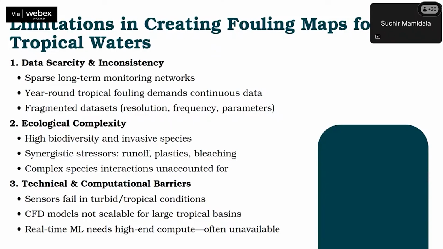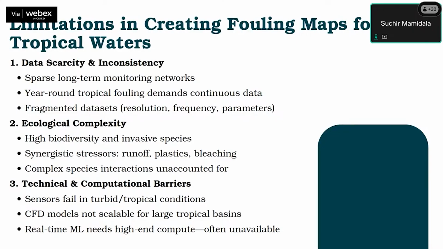Creating a spatiotemporal map of tropical biofouling faces key challenges. First, data scarcity is a major hurdle. Unlike Europe, tropical regions lack dense continuous monitoring. Fouling occurs year round, yet tools like eDNA and settlement plates are not widely deployed. Second, the ecological complexity is very high. Diverse species like coral associated organisms and shipworms respond to local stressors such as runoff and microplastics.